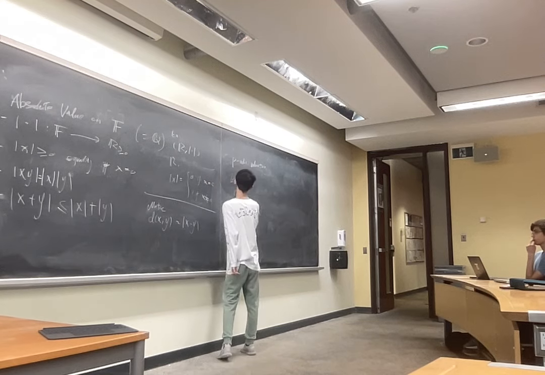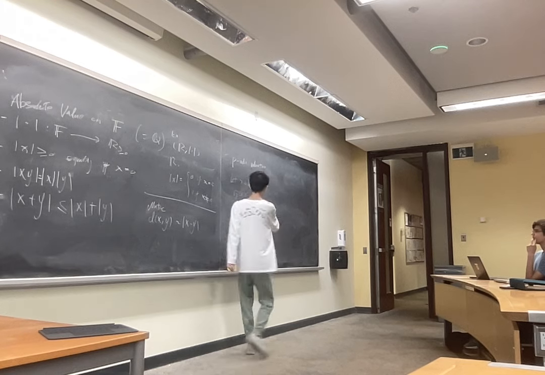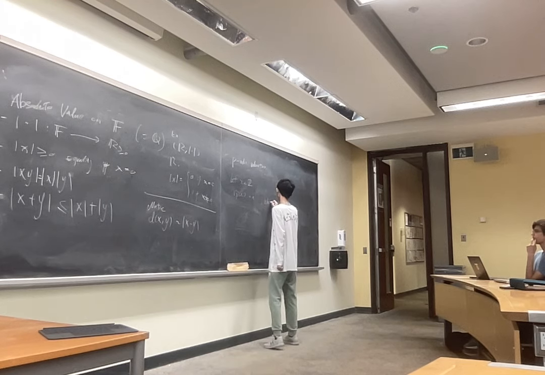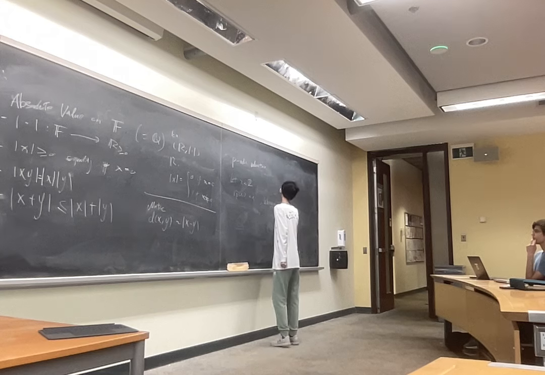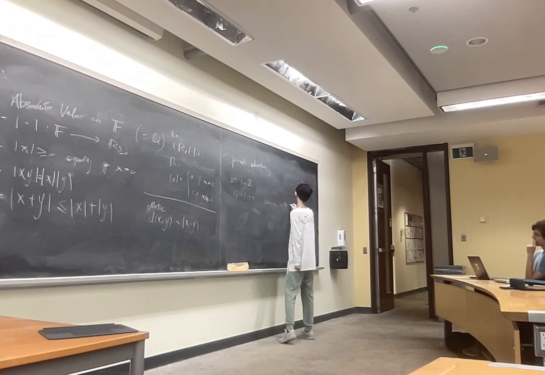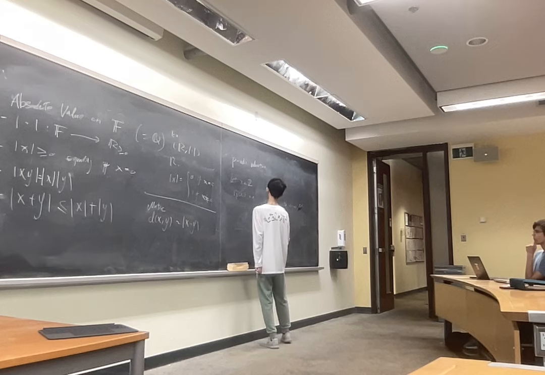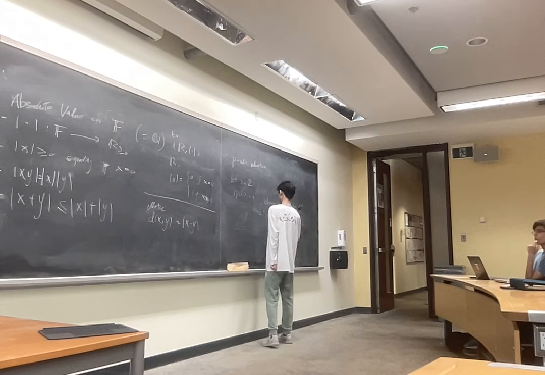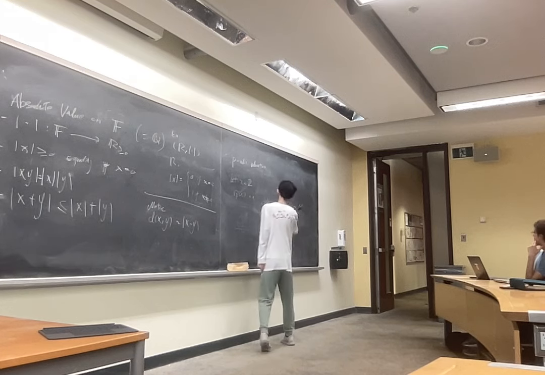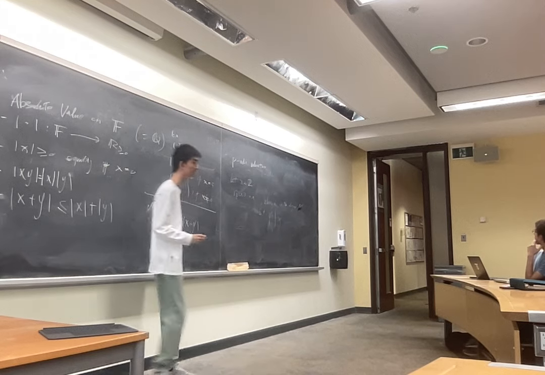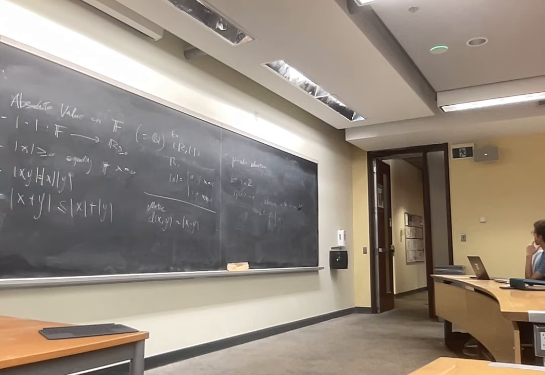We define the valuation of x to be a, where a is the largest natural number such that p to the a divides x. Make sense? We want to find the largest power of p that divides x.